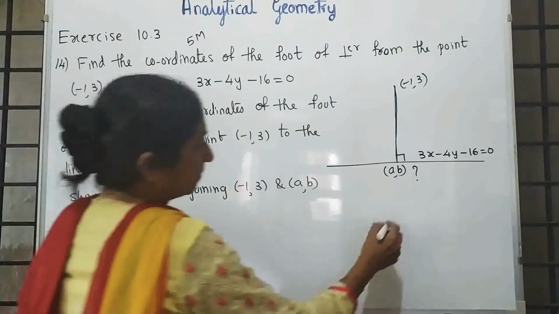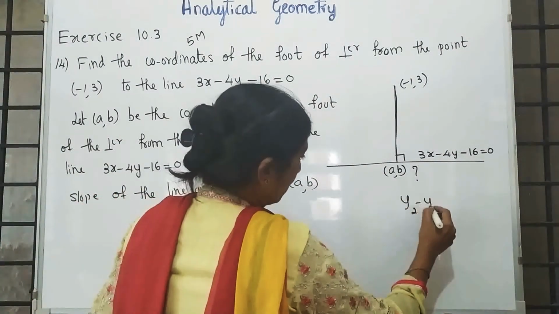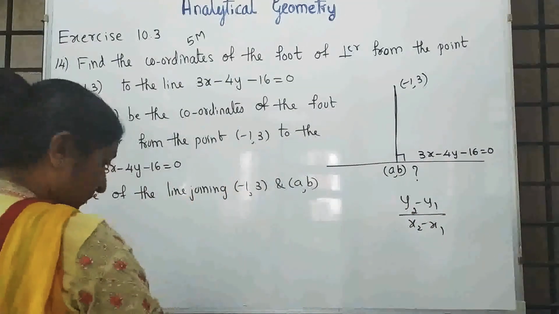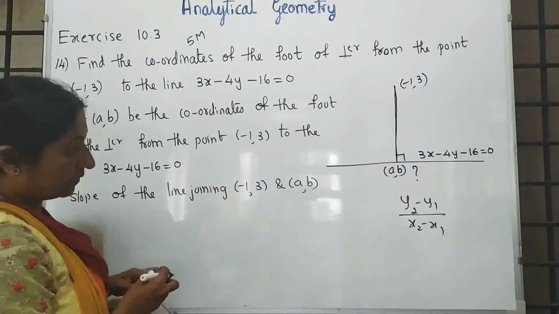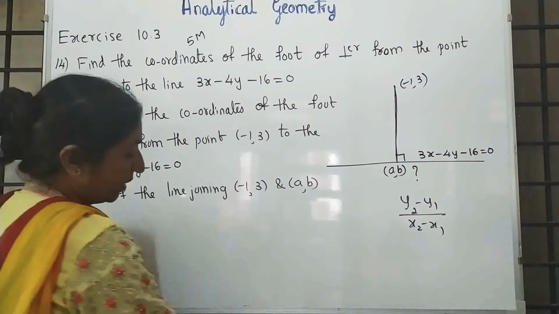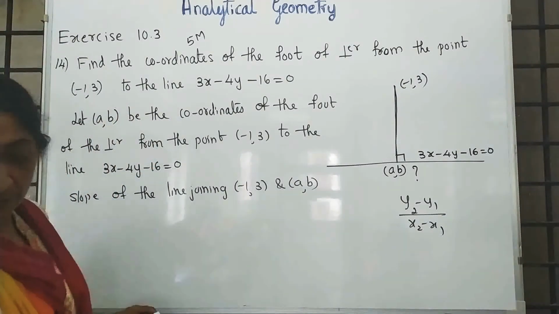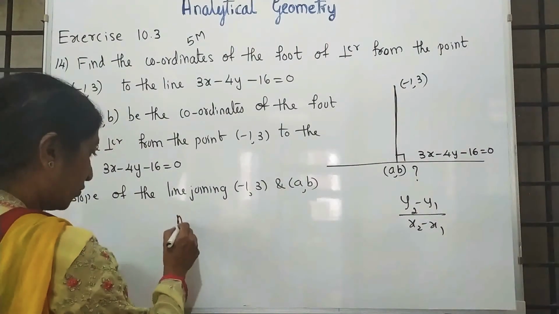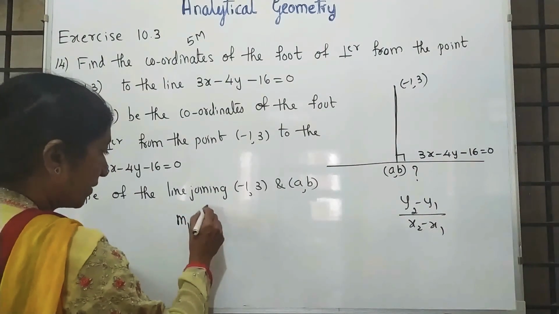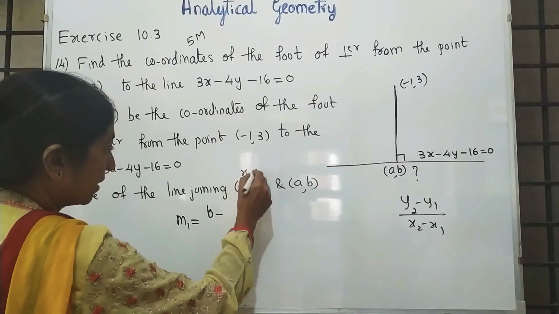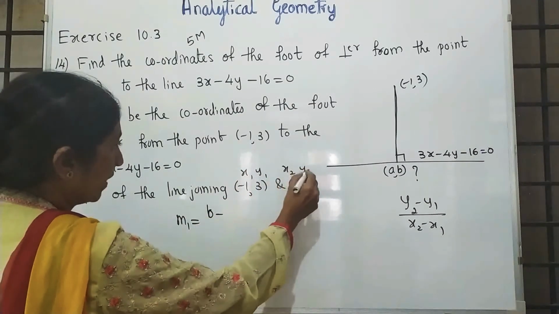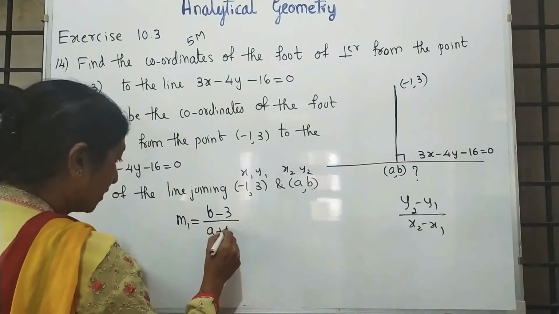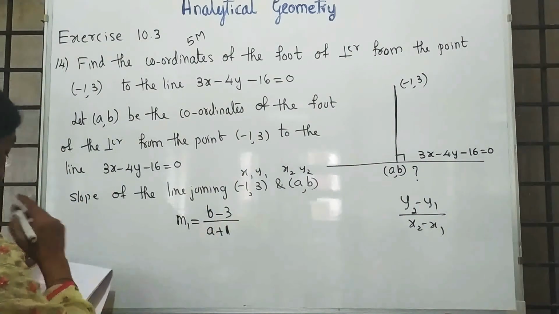Which formula? The y2 minus y1 upon x2 minus x1 formula. So here the first point we will call x1 y1, the second point x2 y2, and let us take the slope as m1. m1 is y2 minus y1 upon x2 minus x1. Minus into minus becomes plus.